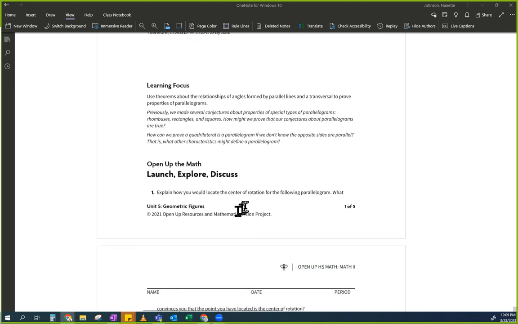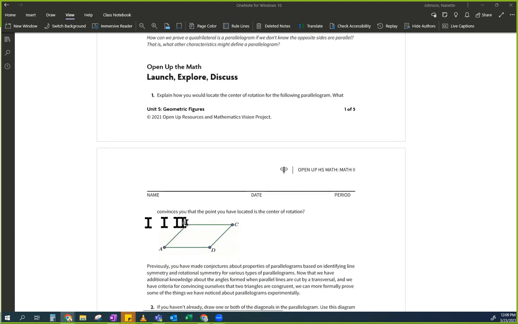Okay, so today, explain how you would locate the center of rotation for the following parallelogram. What convinces you that the point you have located is the center of rotation? So what they're asking is this. I'm going to have you pick a point, and I want you to do this in your mind's eye. I want you to pretend that we cut out a parallelogram like this, right?